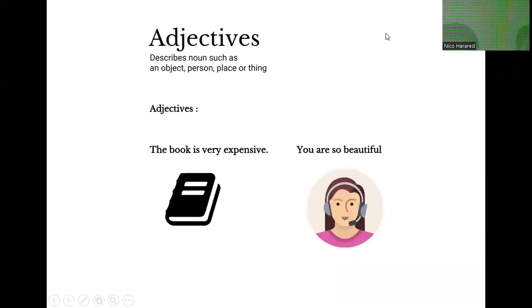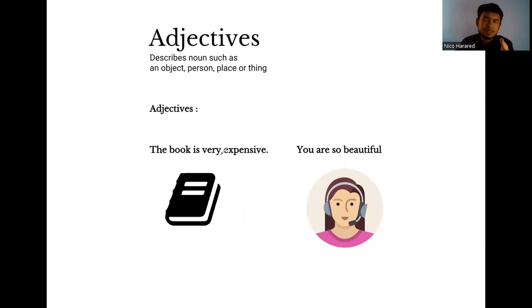Now, after noun, determiner, and verb, we have adjective. So what is an adjective? An adjective is something that describes a noun, such as an object, person, place, or thing. For instance, the book is very expensive.